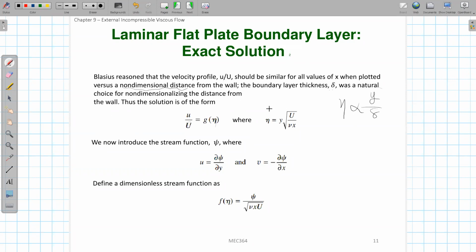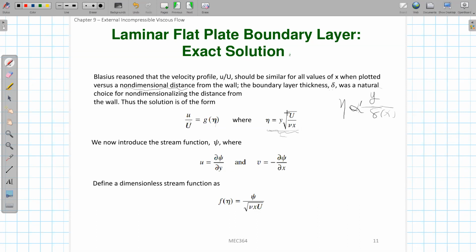He just assumed that eta is this value, because it is proportional to y over delta, and delta is a function of x, so eta is a function of both y and x. Again, this is just an assumption. If with this assumption we get a result that shows good agreement with experimental data, then this is correct. So this is the eta value he assumed, and he assumed that small u over large U is only a function of this one.